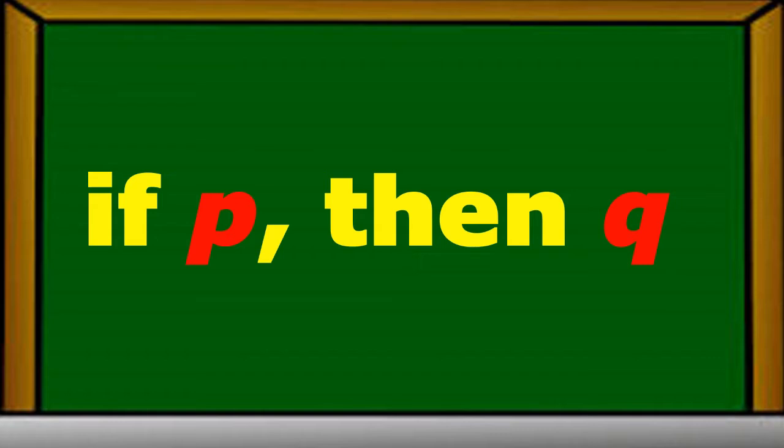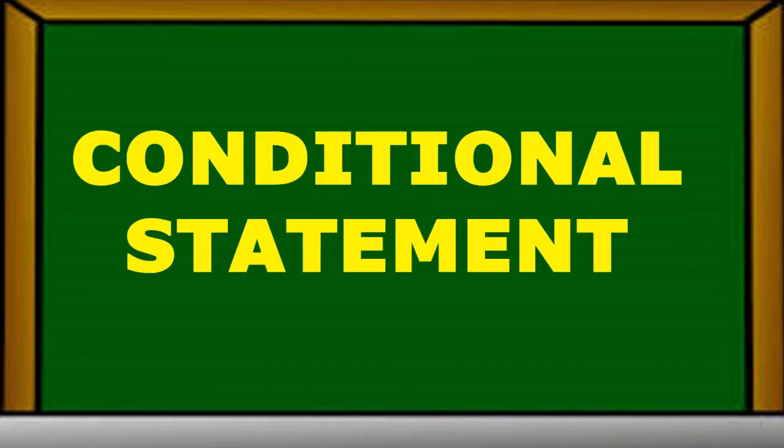Joining or combining these two statements, P and Q, using the words if and then makes a conditional statement. The conditional statement has two parts, the hypothesis and the conclusion.